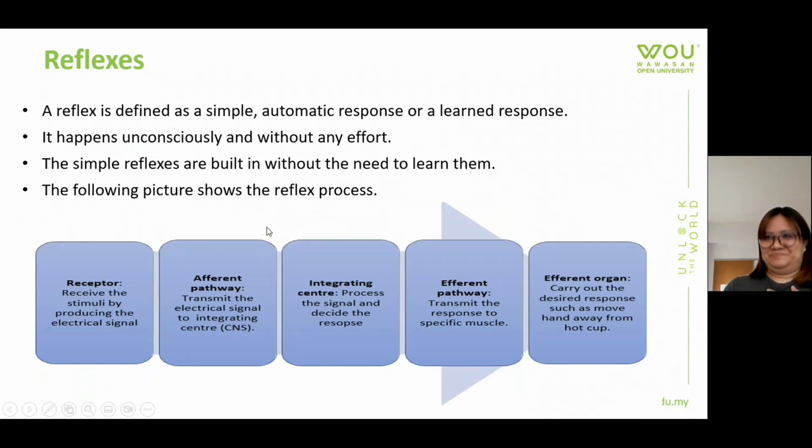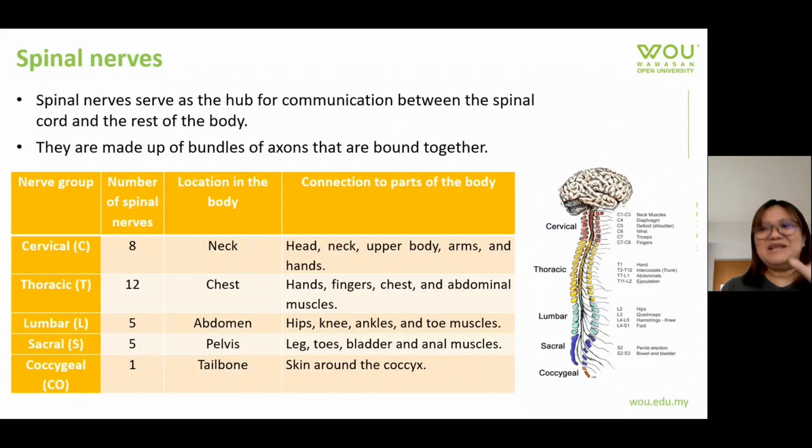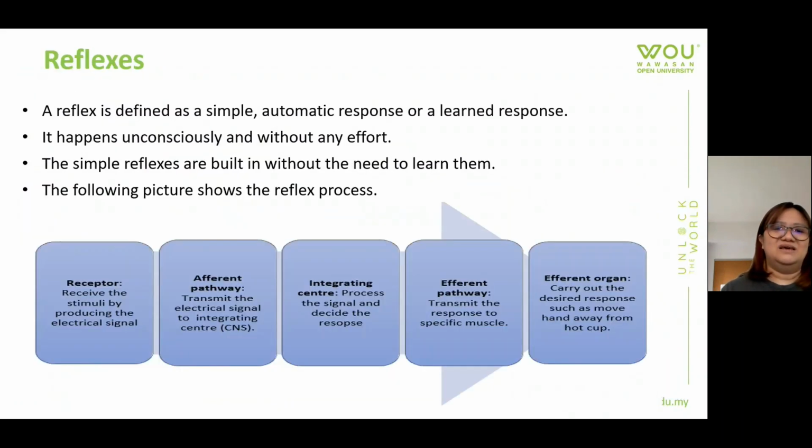The spinal cord and spinal nerves are very important for the function of reflexes. A reflex is defined as a simple, automatic response or a learned response. Reflexes happen unconsciously and without any effort.